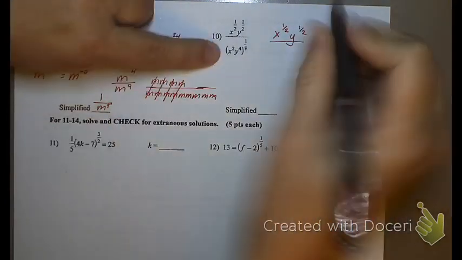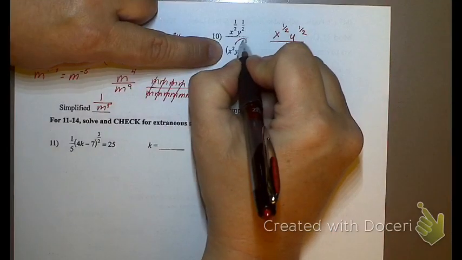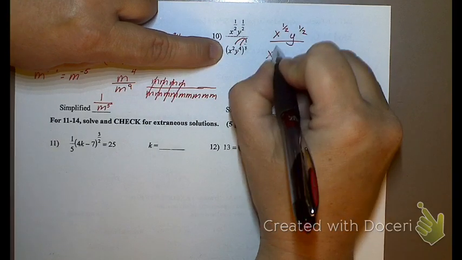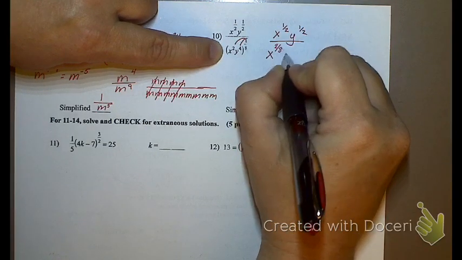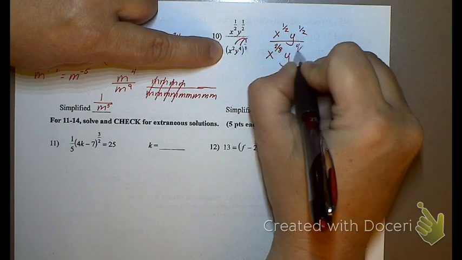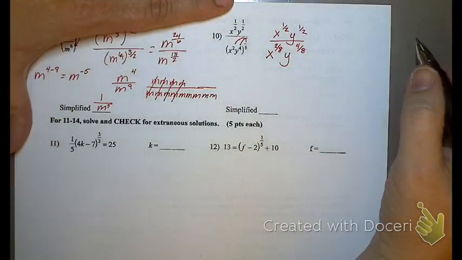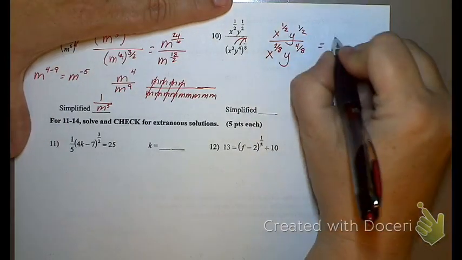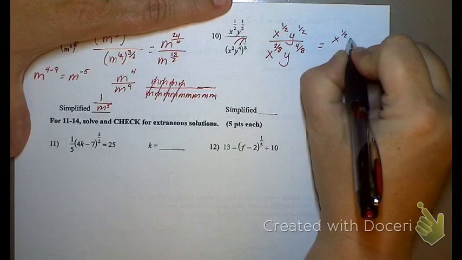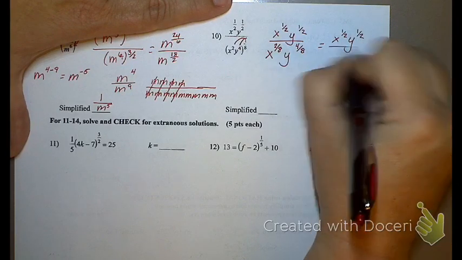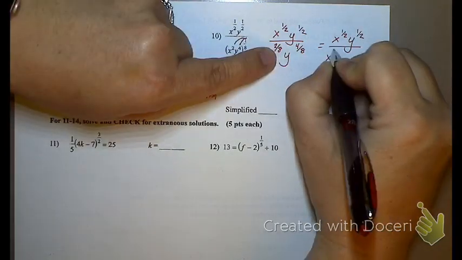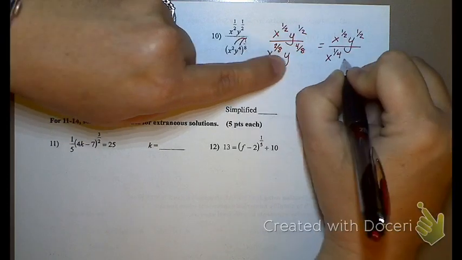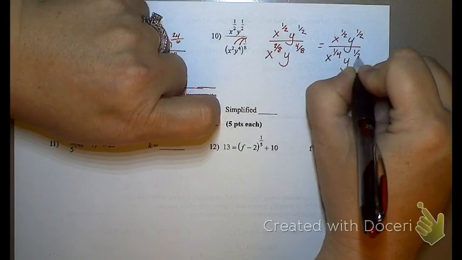On the bottom, I need to distribute that exponent. So that's x to the 2/8 and y to the 4/8. Do you see that? So I have x to the 1/2, y to the 1/2 over x to the 2/8 simplifies to 1/4 and 4/8 simplifies to 1/2.